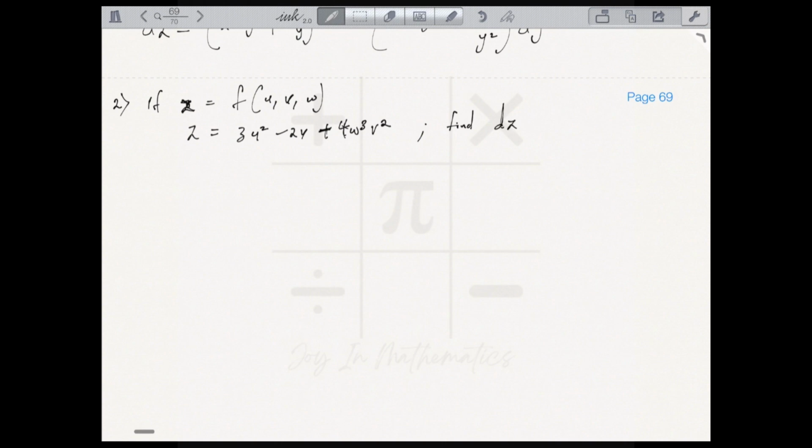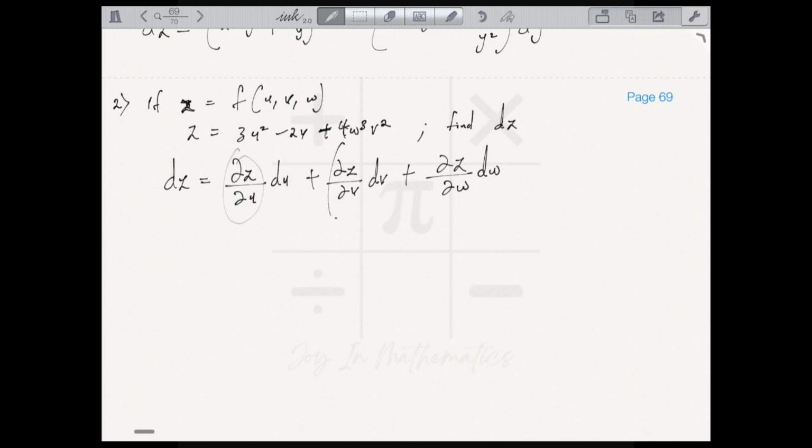Now the first thing to do is to write out the formula for the total differential. We know that the total differential, given that we have 3 variables, will be dz du multiplied by du, plus the partial derivative of z with respect to v multiplied by dv, plus the partial derivative of z with respect to w multiplied by dw. So all we are going to be looking for is dz du, dz dv, and dz dw. Let's begin with dz du.